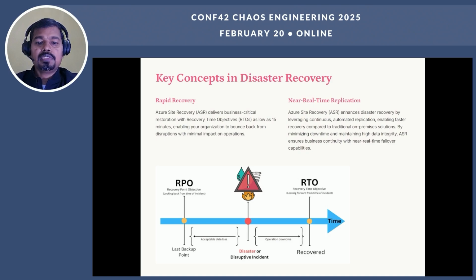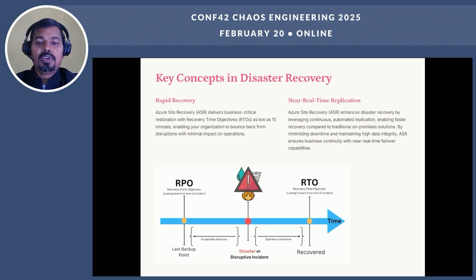One of the biggest advantages of Azure Site Recovery is that it significantly reduces both RTO and RPO compared to traditional disaster recovery solutions. With ASR, organizations can restore business critical workloads in as little as 15 minutes, minimizing operational impact and allowing for a faster return to normal.